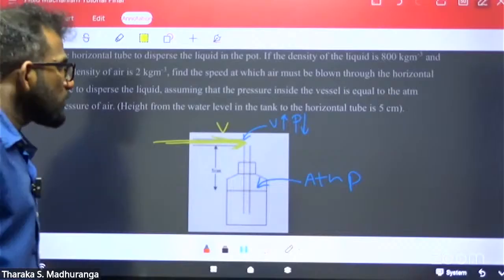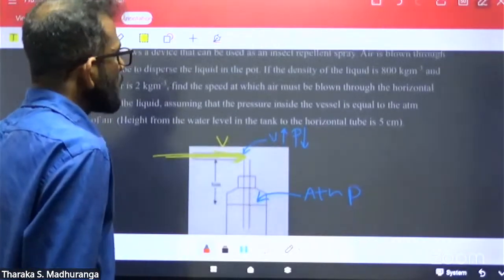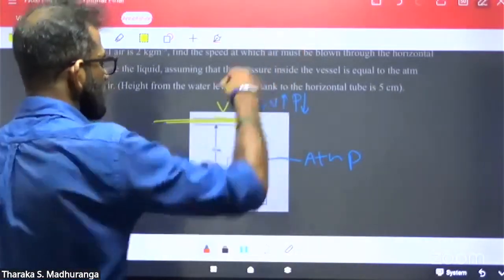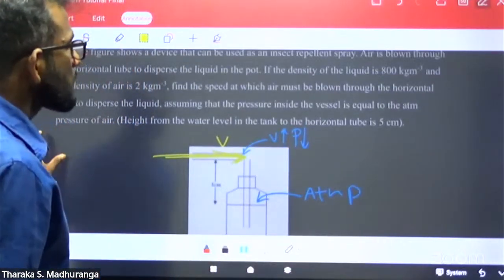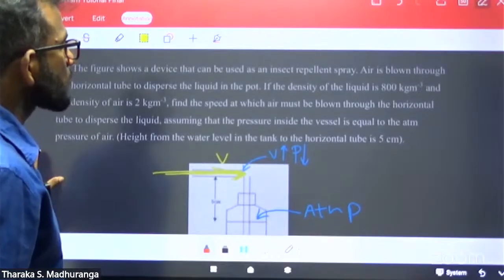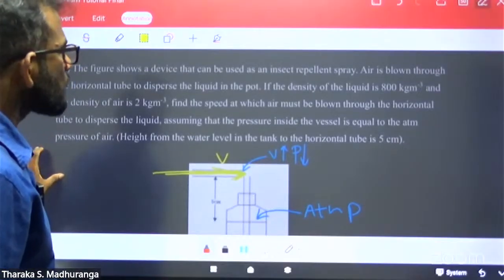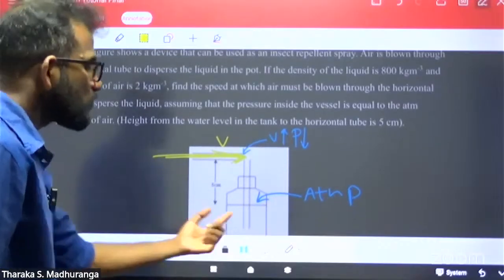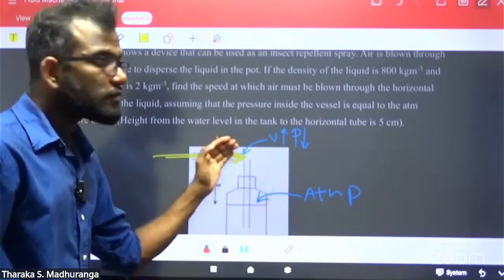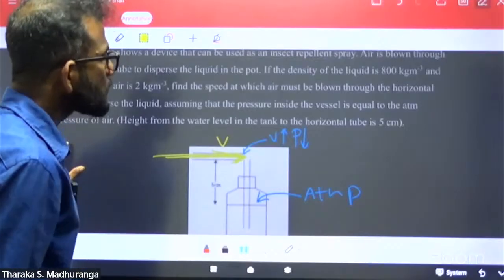Now the question gives the fluid density and air density, and the height. There is no other data given. What is the question? Understand first.